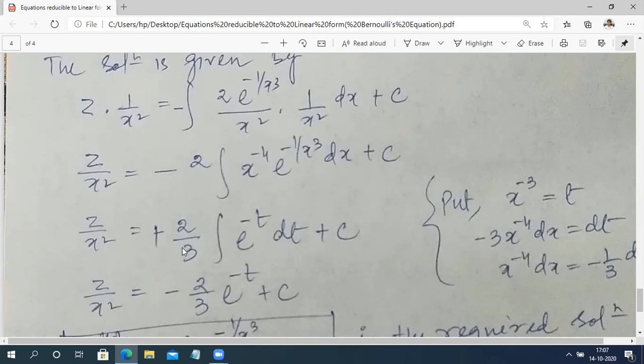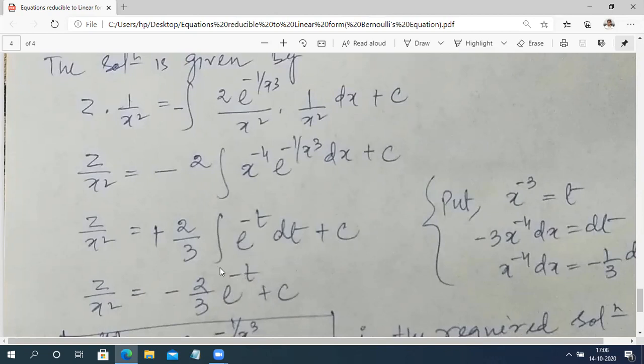So write 1 upon 3 dt, and this is nothing but e raised to the power minus t, so e raised to the power minus t dt. Now this integration is very simple. It will be minus e raised to the power minus t.